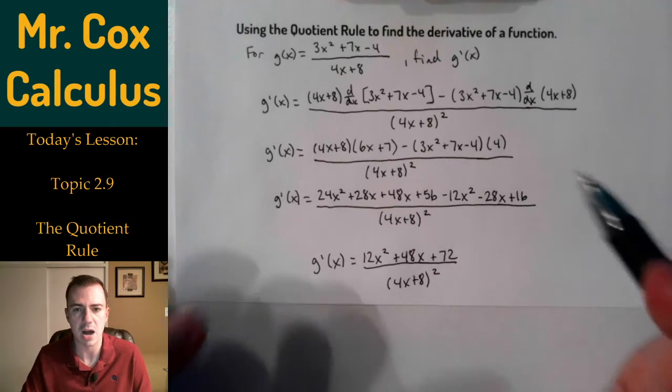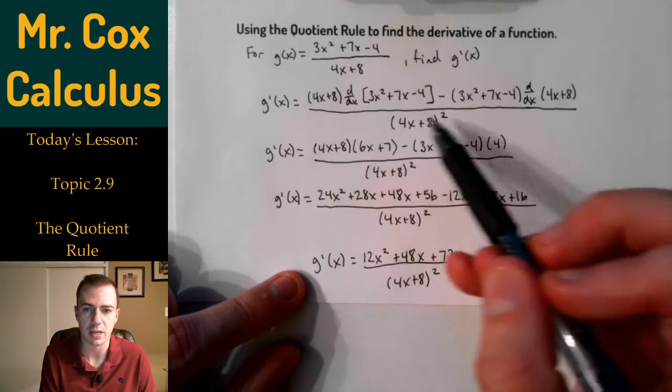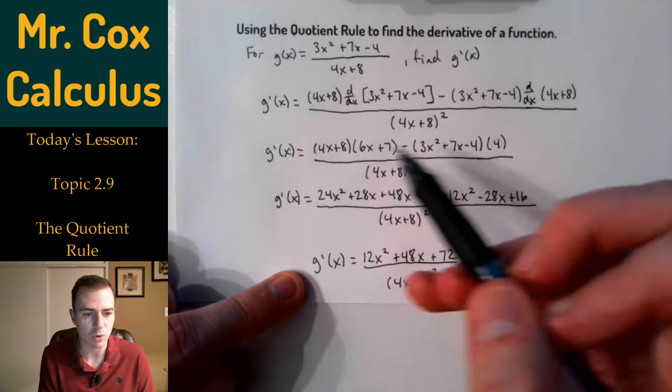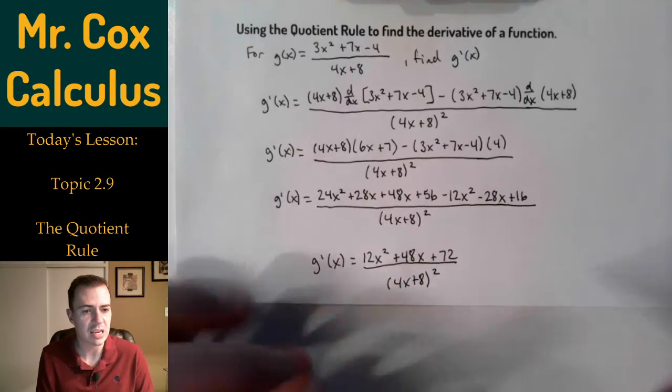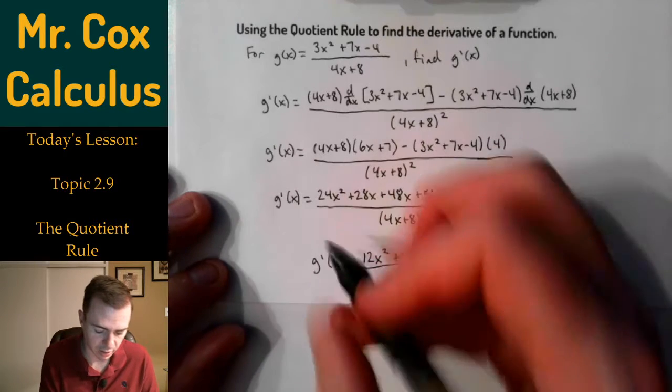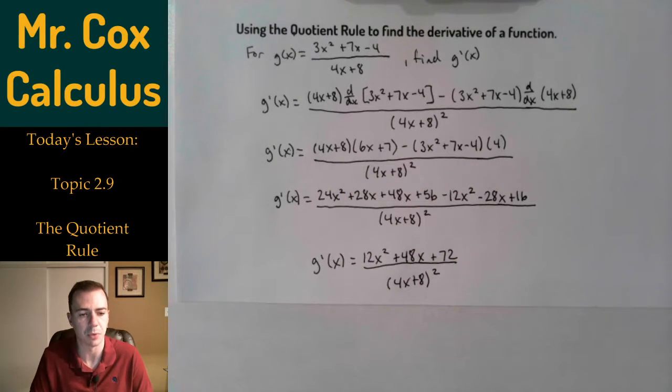But for right now, we really just want to focus on writing out the quotient rule, executing the quotient rule, and then just cleaning it up to where we don't have a bunch of terms that we would want to collect. So this would be a perfectly acceptable answer for right now for g prime of x.